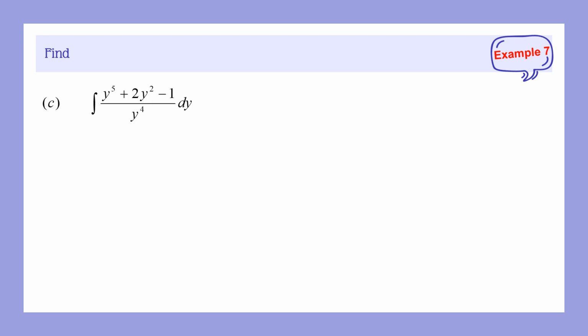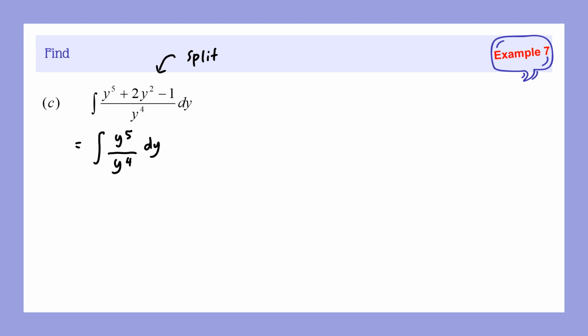Question C. We want to find the integral of (y to the power of 5 plus 2y squared minus 1) over y to the power of 4 dy. For this case, we integrate with respect to y. What we can do is split into 3 parts. The first one, we get the integral of y to the power of 5 over y to the power of 4 dy.